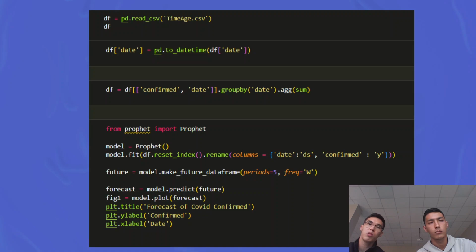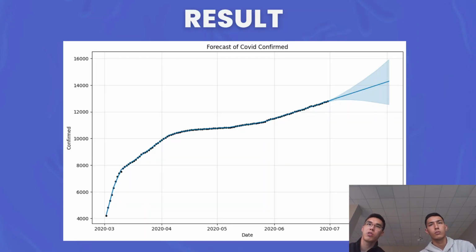And the last thing, we used matplotlib to show our chart. And here you can see the results. Every month there is exponential growth of infected people, and our time series model predicted that in the next month there will be a growth of about 2,000 people who will get infected.